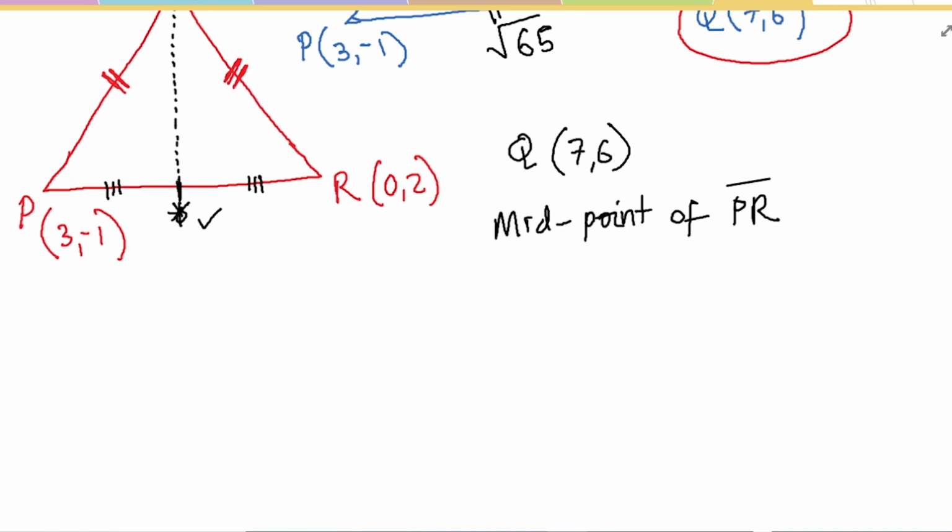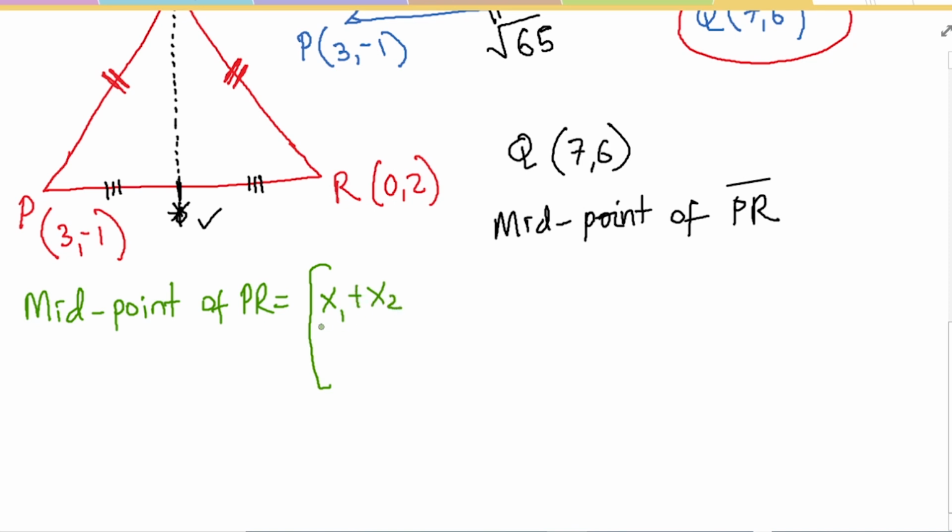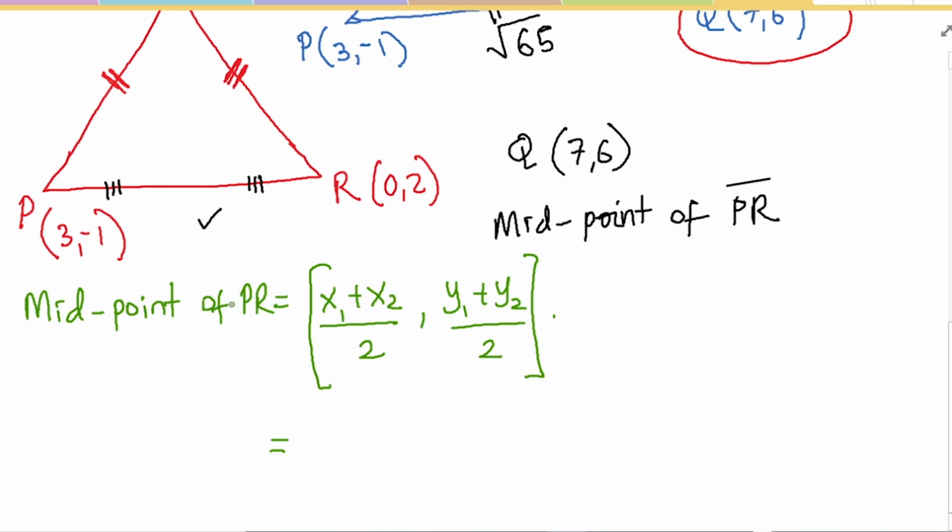We know that the midpoint of PR is given by (x1 plus x2, divided by 2, comma, y1 plus y2, divided by 2). That's how we get the midpoint. Of course we are moving from P to R, so this will be our x1, y1, and let's call this x2, y2.